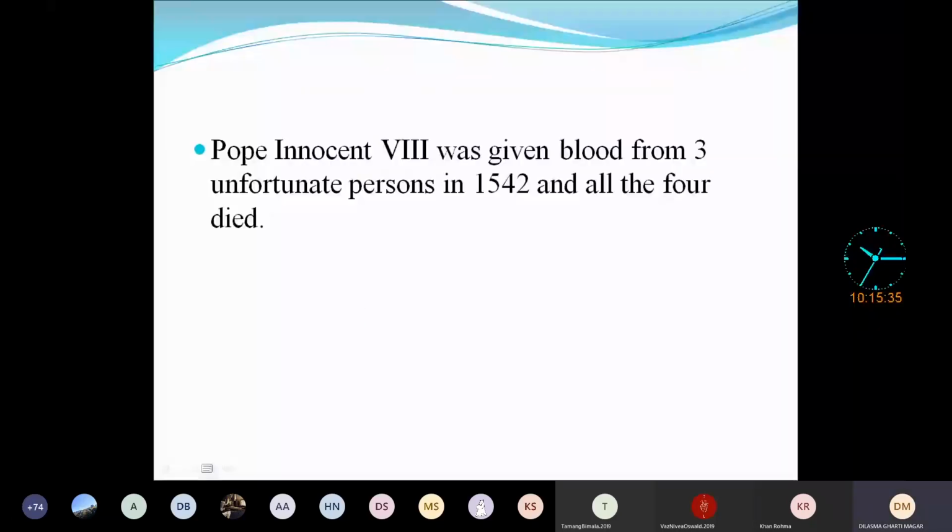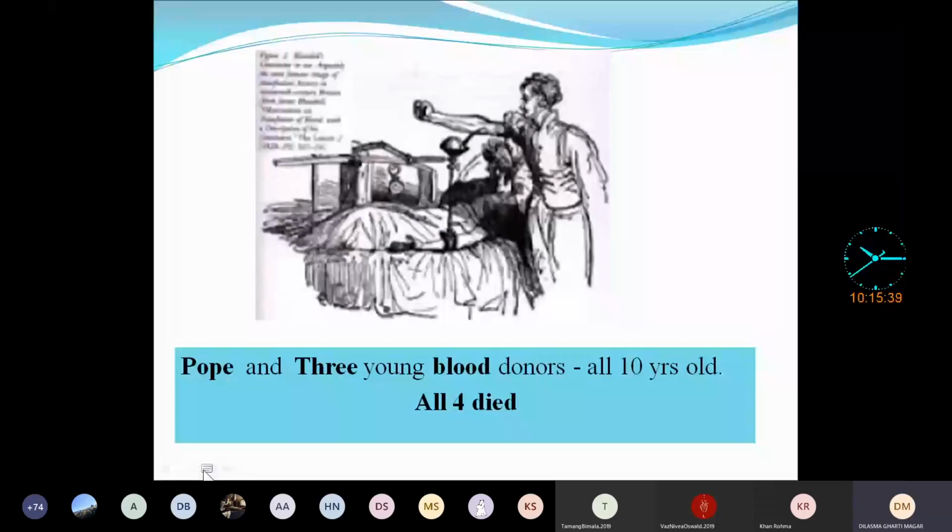This slide I have already finished, so I'll show you a picture. You see here a picture: the Pope is lying down, and there are young boys, the three donors, who were just 10 years old. They were young and healthy, and their blood was transfused to the Pope. At that time they did not know about blood group systems or how much blood one can transfuse.